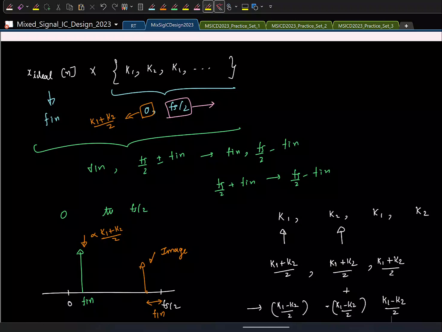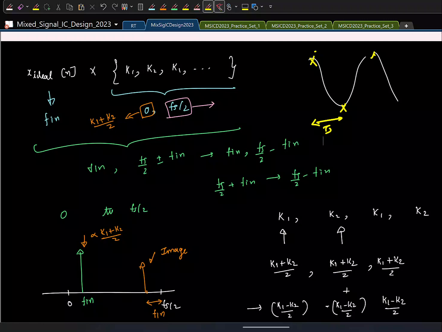And remember that a sequence of alternating 1 and minus 1 is a tone at fs by 2. If you have a signal at fs by 2 and sample at fs, you will basically be sampling alternating 1 and minus 1, because this is the sampling period. You can also know this: fs by 2 in discrete time maps to a frequency.